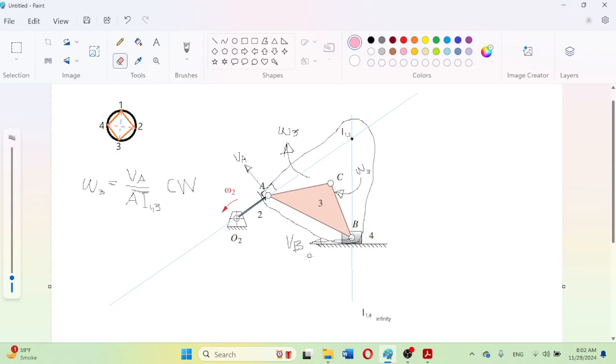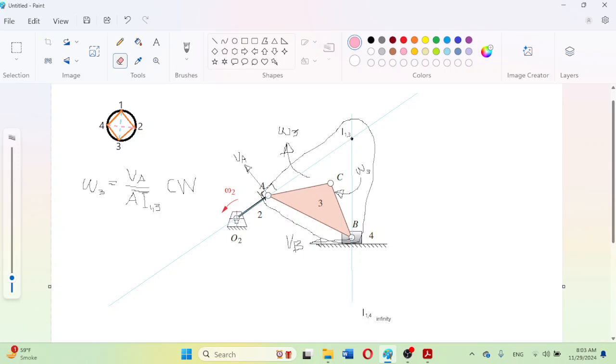So we can draw a line parallel to the slider axis line, along which the instant center I1,4 is located at infinity.